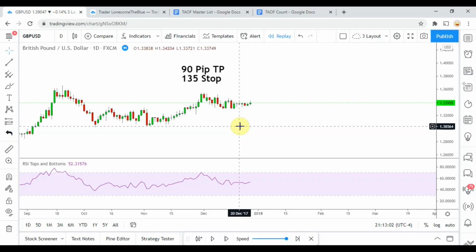Now, this could be good or this could be bad, because what can happen is you get more money, which allows you to take larger positions, which then gives you a better return on your investment.